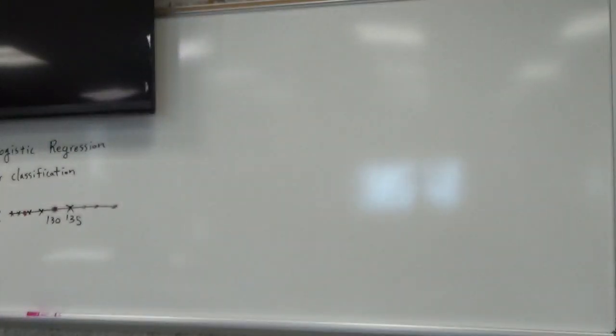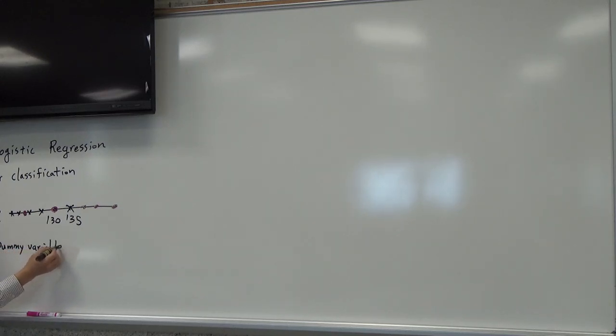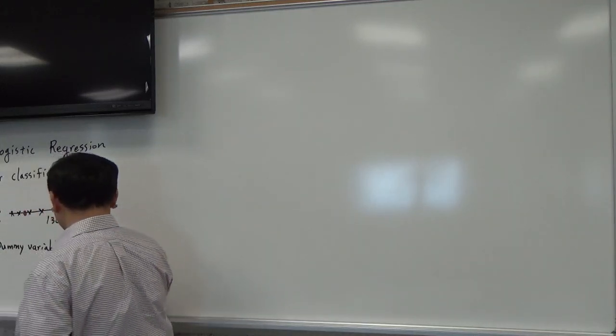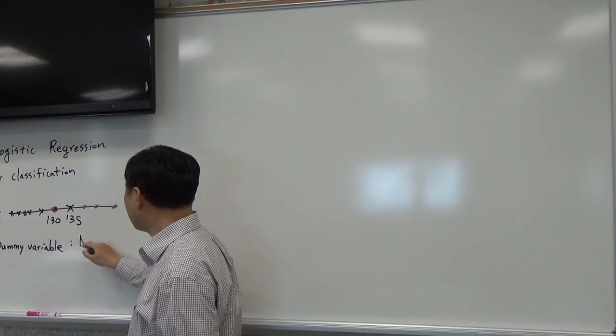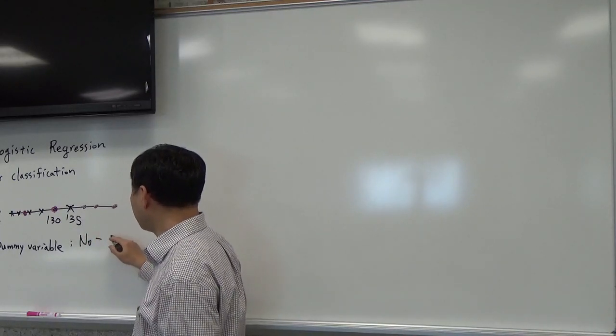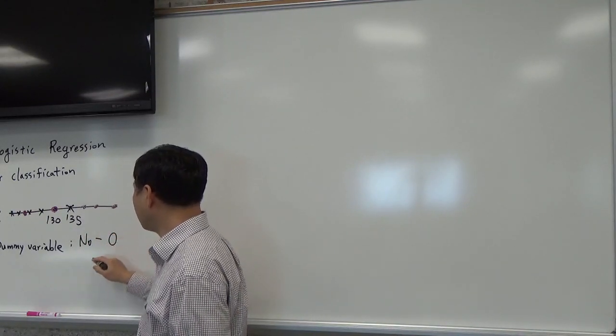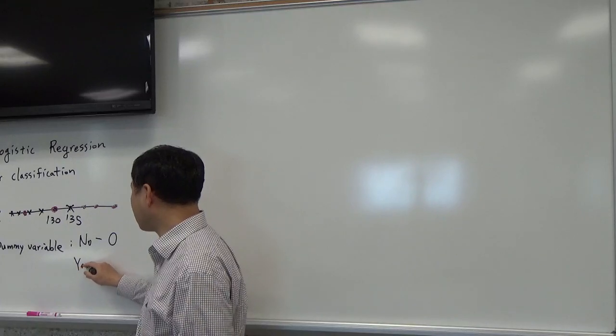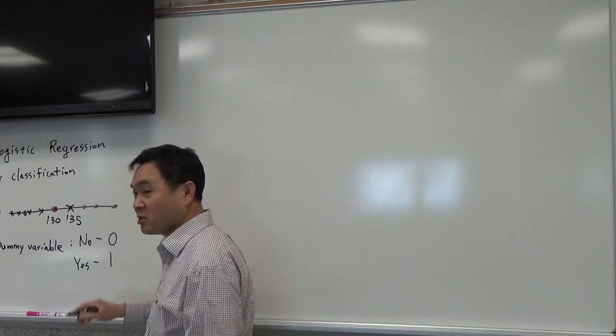Right? Now what you can do is something called a dummy variable, which is to make no heart attack encoded as 0, and yes, heart attack encoded as 1.